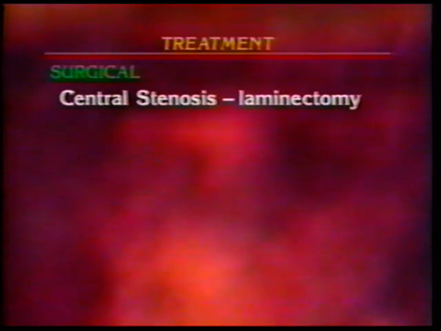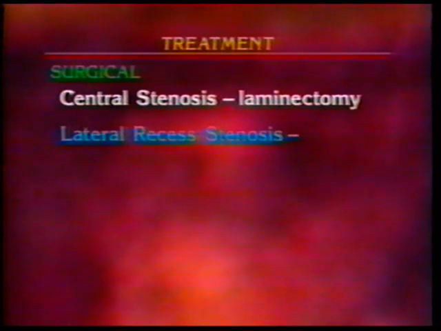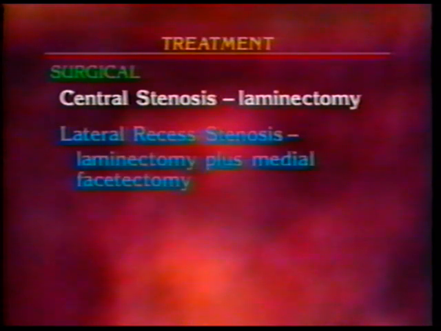We can offer surgical treatment. If the patient has only central stenosis, laminectomy is probably adequate. If they have lateral recess stenosis, laminectomy plus medial facetectomy, ensuring that you have removed not only the medial facet, but also the ligamentum flavum causing that root compression, is the appropriate operation.